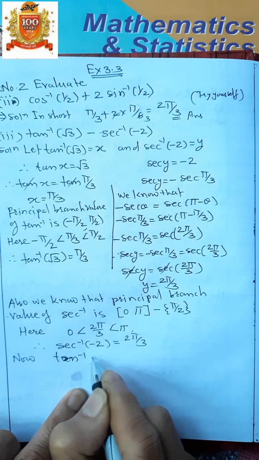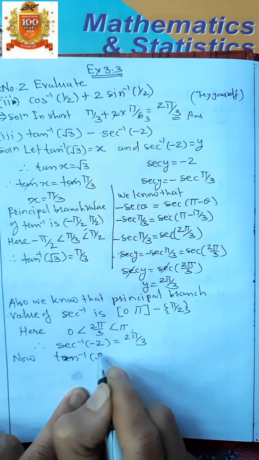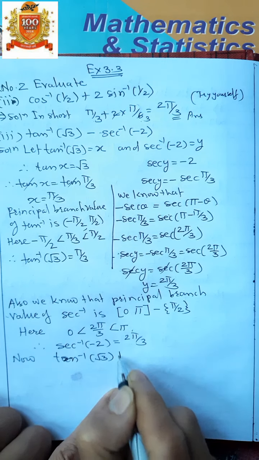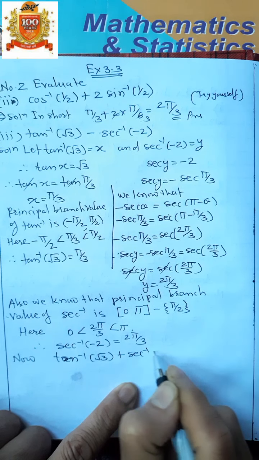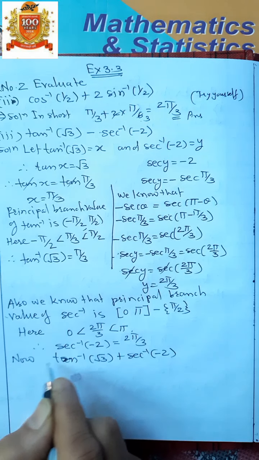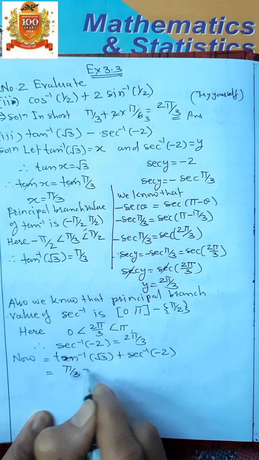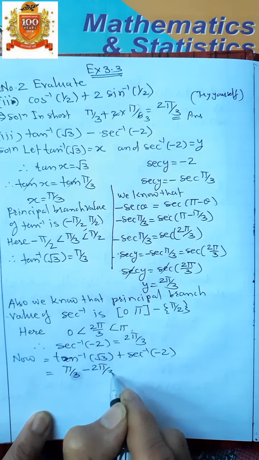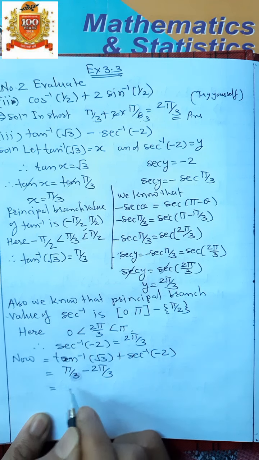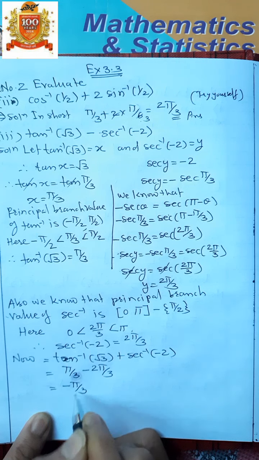Now, tan inverse of root 3 minus sec inverse of minus 2 is equal to pi by 3 minus 2 pi by 3, that is equal to minus pi by 3.